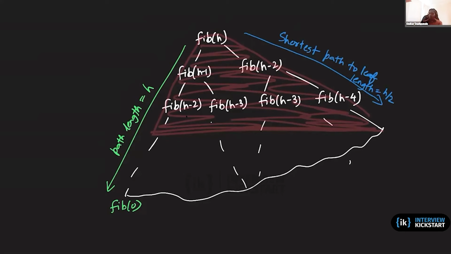And then there are more nodes in it. And finally, all the leaf nodes are either zeros or ones. There are only zeros and ones at each leaf node. So that means the value of fib of h is built up by cumulatively adding a bunch of zeros and ones at the leaf node.